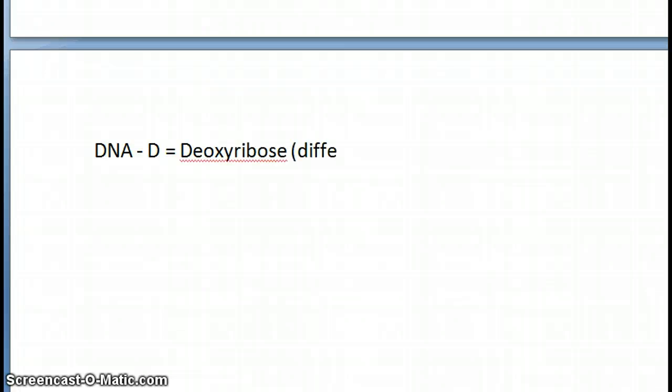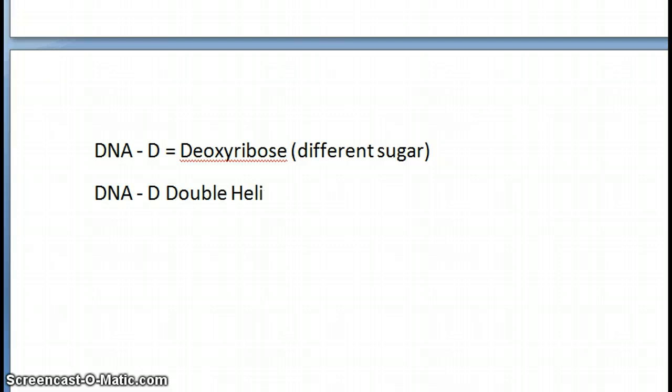To start off, of course, DNA: the D stands for deoxyribose, which is the different sugar that DNA has. Also, DNA has a D for double helix, and DNA has thymine as a nitrogen base.